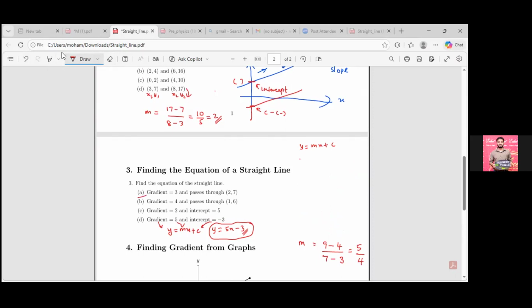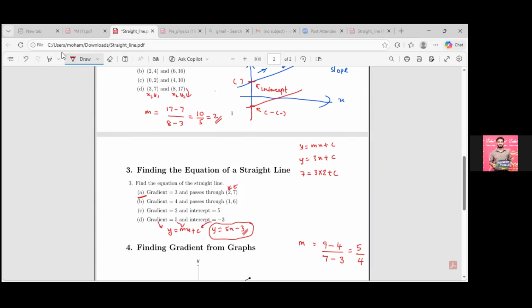Let's consider the a part. y equals, the gradient is 3, so 3x plus c. And they've said that the straight line passes through 2 comma 7. So 2 is the x coordinate, 7 is the y coordinate. So I'll just substitute that here. y equals 7, 3 times x which is 2, plus c.